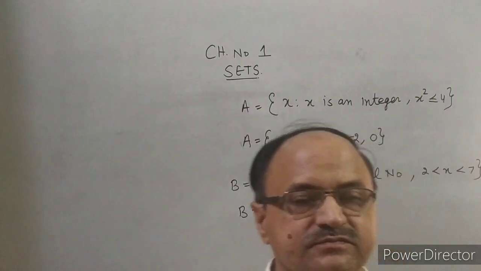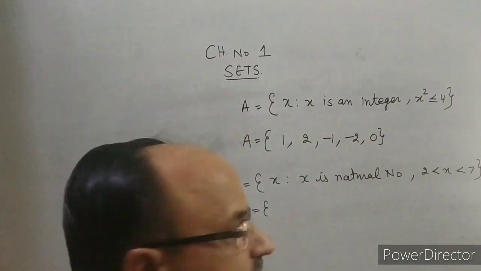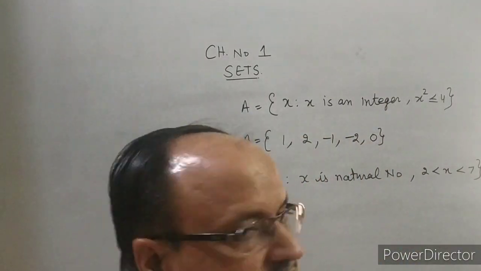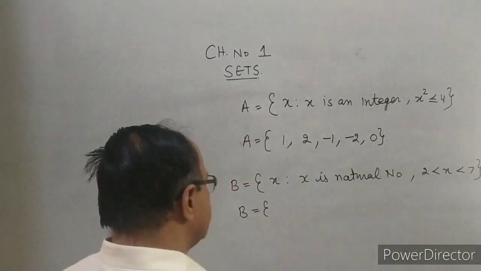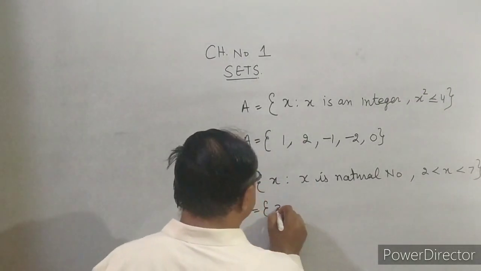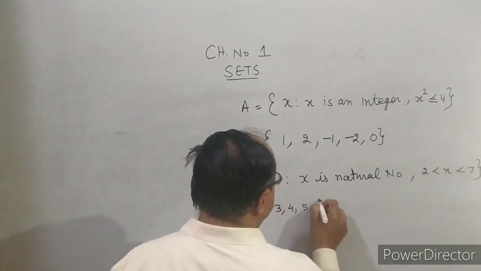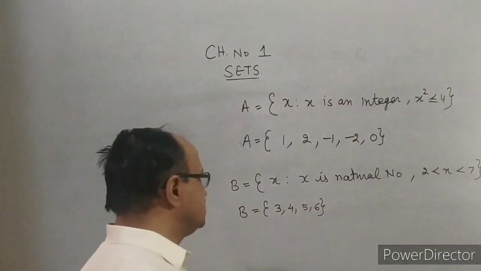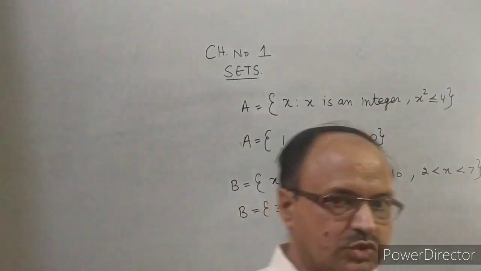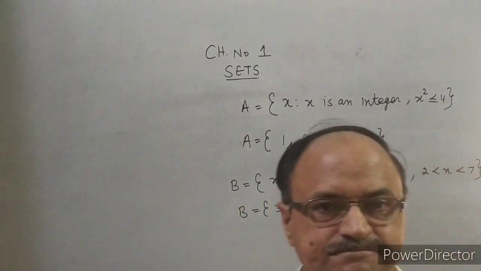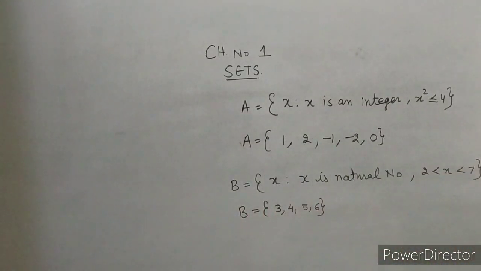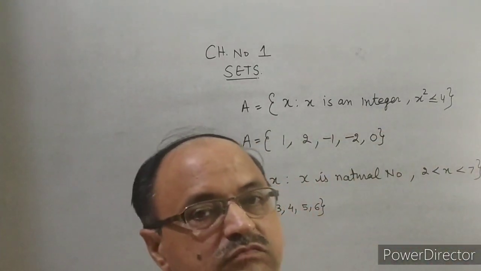Can you write those natural numbers which lie between 2 and 7? So your answer is 3, 4, 5, 6. This is roster form. Clear? The concept of roster form and set builder form. Now clear?